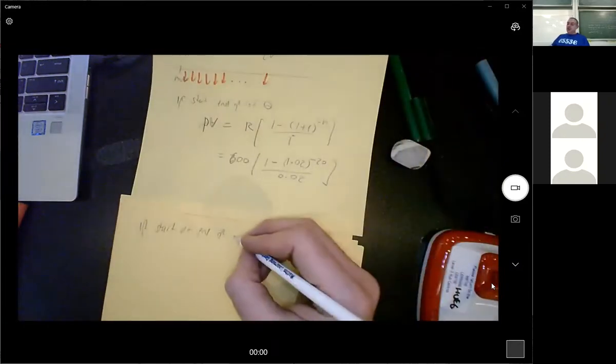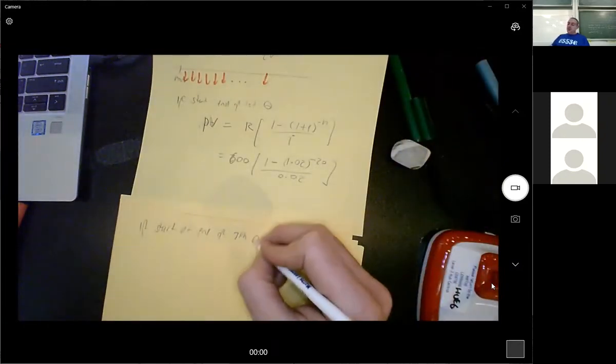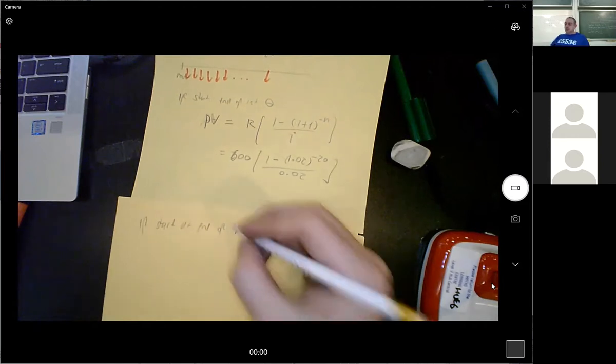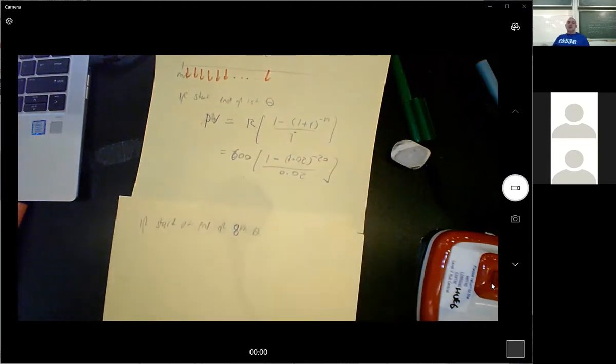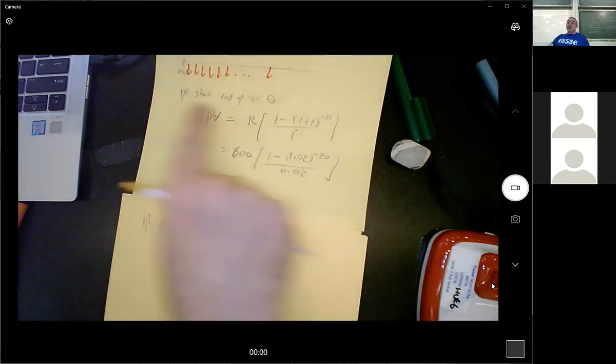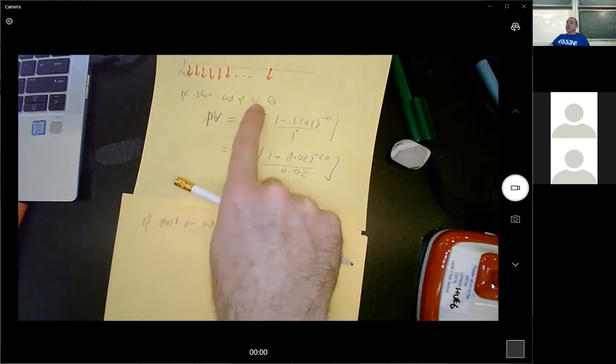So if we start at the end of the 7th quarter, which is 2 years' time, no, it would be the end of the 8th quarter, wouldn't it? We start at the end of the 8th quarter, which is 7 quarters into the future compared to this one, because this one started at the end of the 1st quarter.